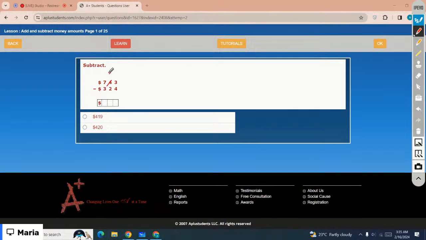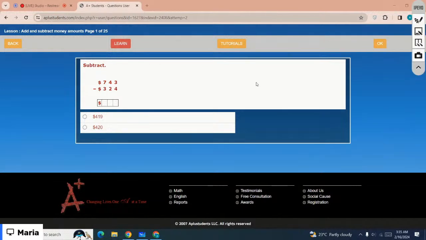When you borrow 1, you're left with 3 here and 13 here. 13 minus 4 is 9, 3 minus 2 is 1, and 7 minus 3 is 4. So the correct option is $419. Option number 1 is the correct option.